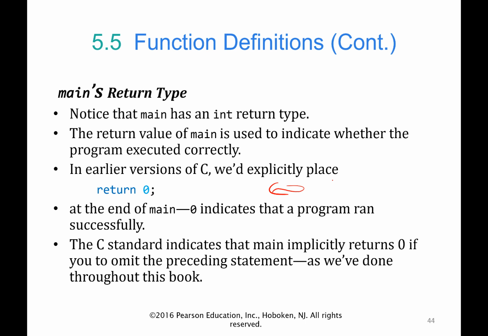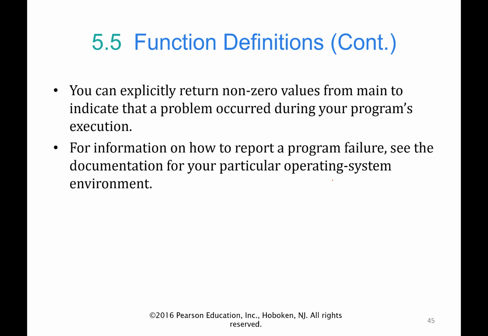Now if main exits properly, it will automatically return the 0. That's built into the language. You can also return non-zero values from your main. Those are helpful if you've got a problem and there's a crash, you might want to see what's going on.